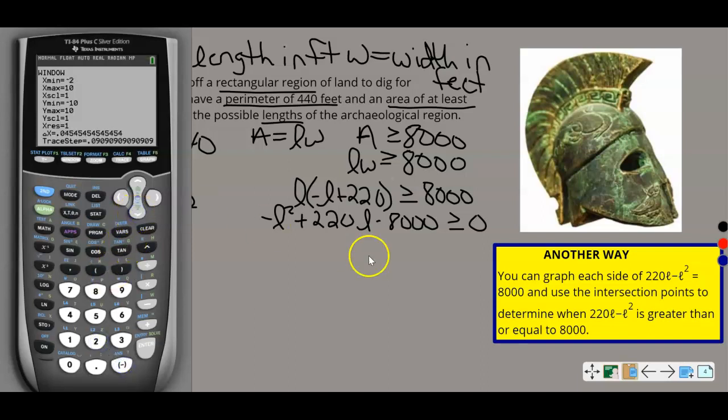Now my X maximum, I don't know exactly what I need to move this to, but let's start with 1,000. Let's take our scale up to 100. And then our X minimum, again, we don't need a minimum value that's negative because we're looking at distances.